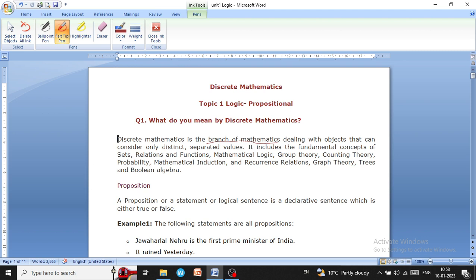These are the fundamental concepts which we will study in discrete mathematics.